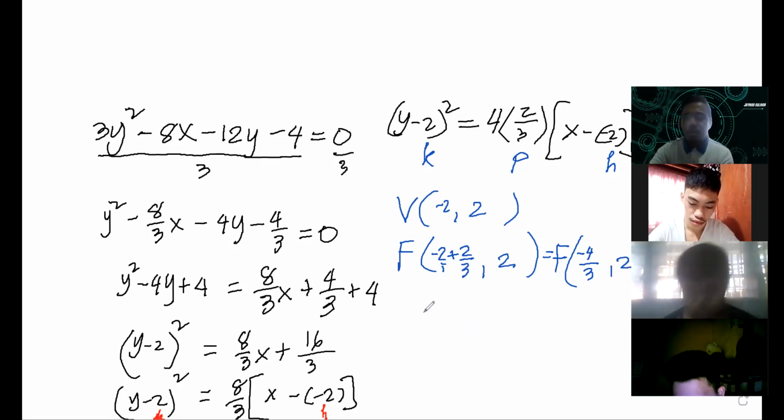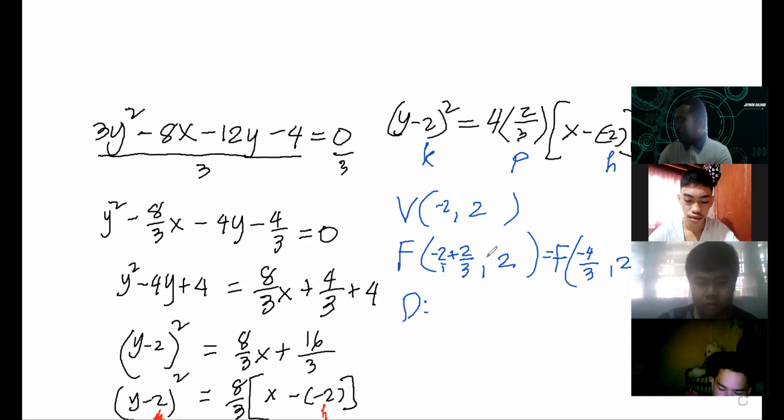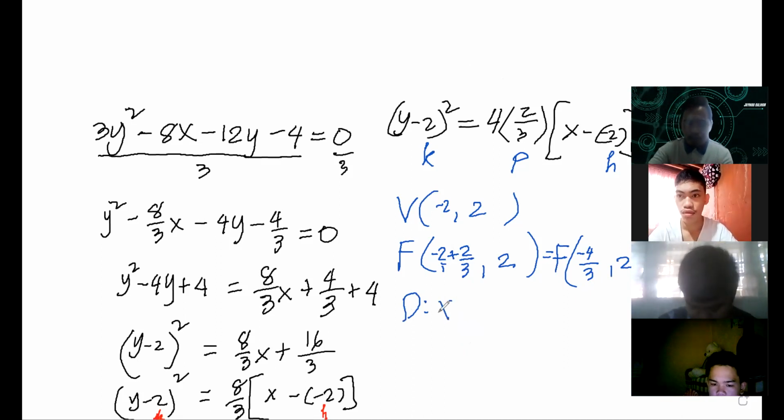Next, the directrix. What is the formula for the directrix? X equal to negative p plus h. Yes, it is for y squared, right? Since y squared is its form, it should be x equal to negative of your p plus h.